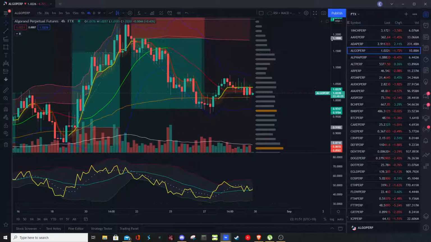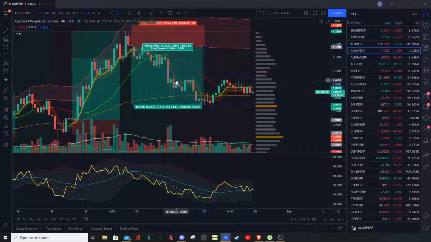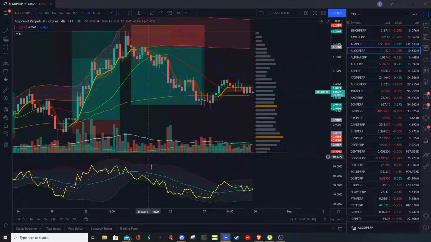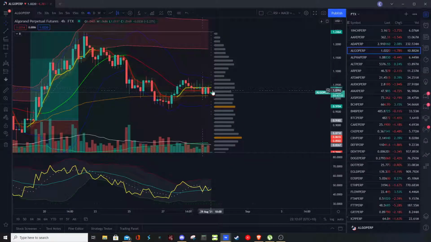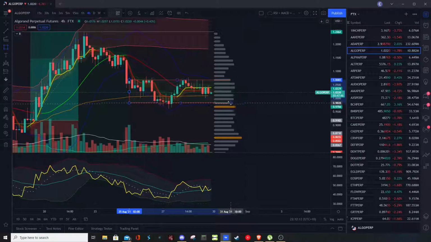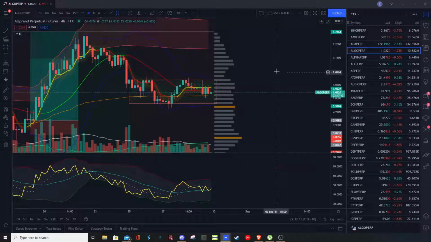I'd be keeping an eye on this one, that's for sure, because you're going against the trend. But otherwise, you just wait for that consolidation here. So it's got to break out now. It is above VWAP at the moment, but if I was to put a box in, this is what it would look like, just like that.